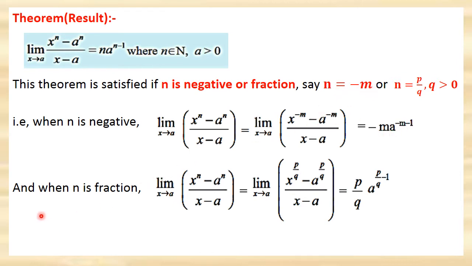And if n is a fraction, that is n is of the form p upon q, where q is greater than 0, then limit x tends to a of x raised to p upon q minus a raised to p upon q upon x minus a is equal to p upon q into a raised to p upon q minus 1.